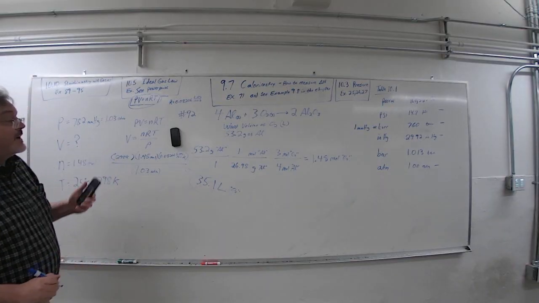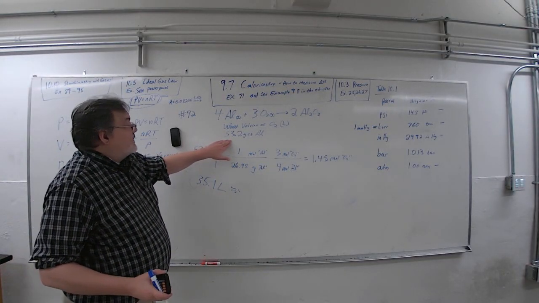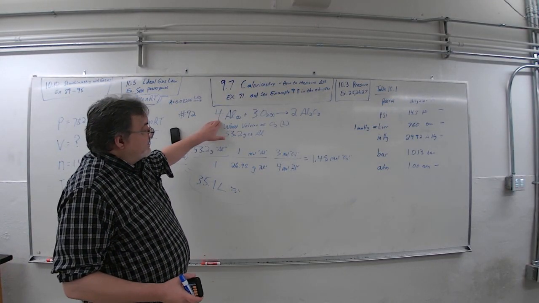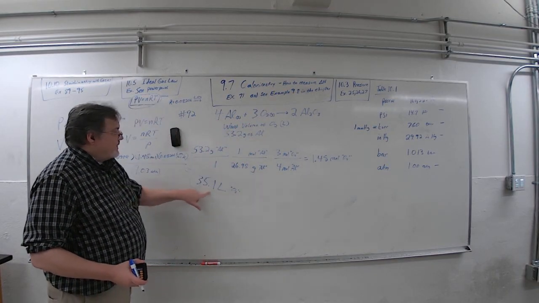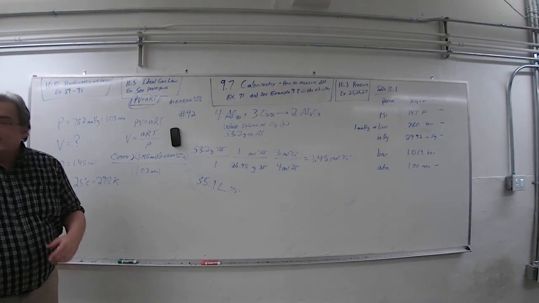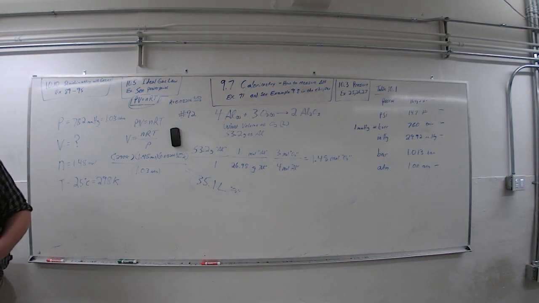So if you do that reaction, putting in 53.2 grams of aluminum, the amount of oxygen that burns would take up this many liters of oxygen. You guys okay?